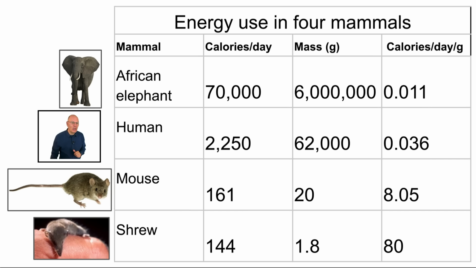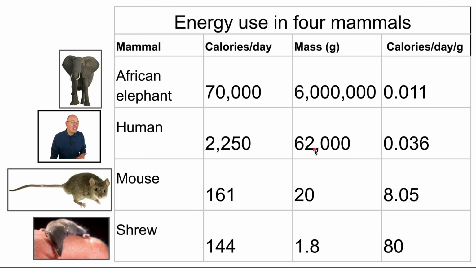We'll start with the largest land mammal, the African elephant. It requires a huge amount of food, 70,000 calories per day. Its mass is 6 million grams. So that means that the amount of calories per day per gram is 0.011. A human being requires about 2,250 calories per day.